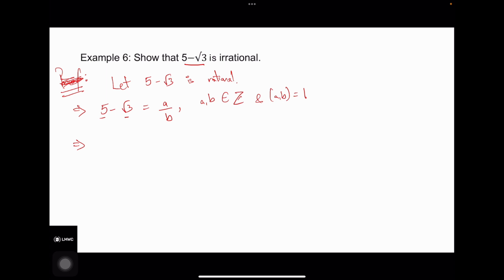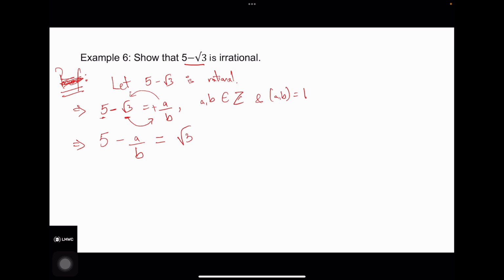This root I am going to keep on one side and the 5 and a by b all to the other side. Since I have a negative root 3, if I take it to the other side, 5 will be as it is. A by b, I will take to this side. A by b's sign is positive, so the sign will get changed, and it equals root 3. I am going to keep it on the right hand side, so the negative sign will convert to positive, so this will be root of 3.